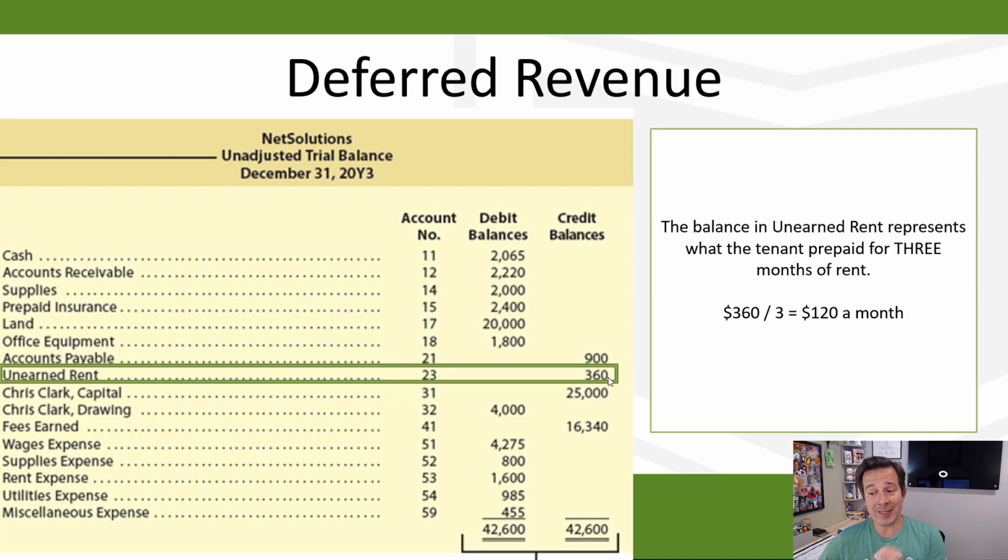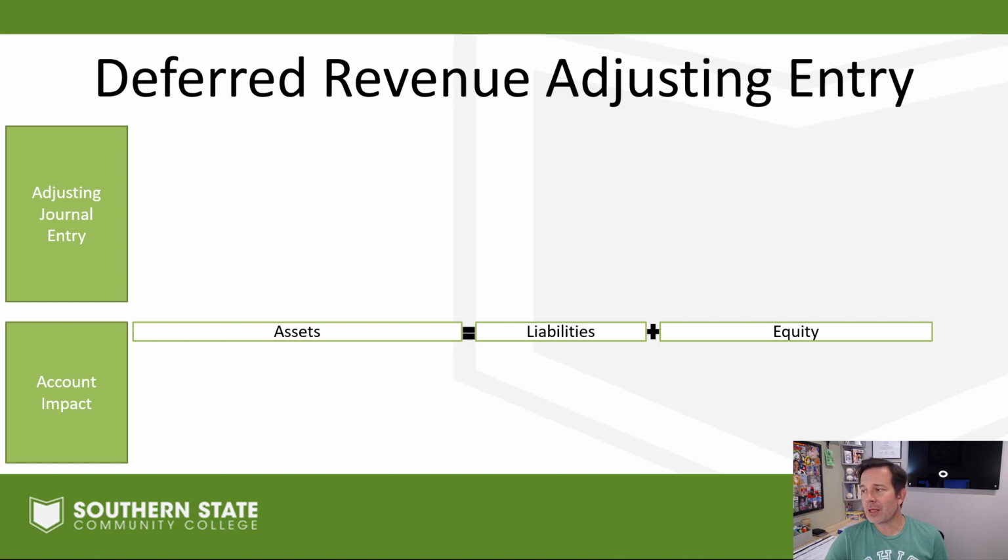That represents, again, 3 entire months of rent where the client has prepaid up front. 360 is the total. Divided by 3 means 120 a month is what we are earning. So, let's do an adjusting entry here. We've got to take away $120 of the liability and recognize that revenue. Deferral. We're deferring revenue until we earn it.